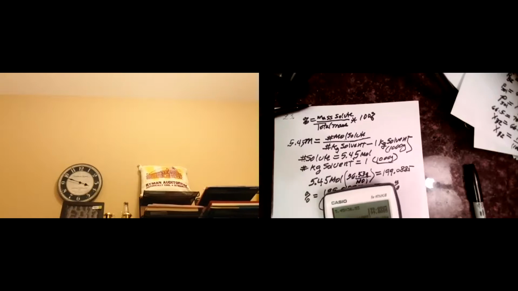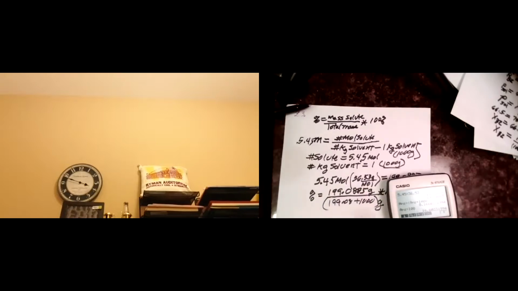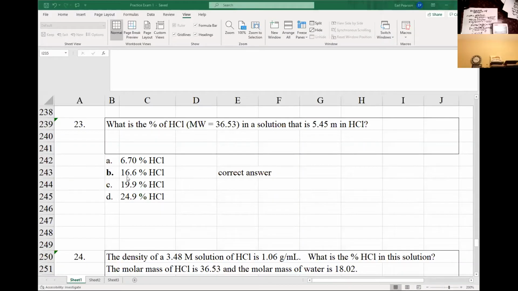So I'm coming up with 16.6%, it looks like. All right, let's see if we got that one okay. 16.6 is correct. All right, that's number 24.